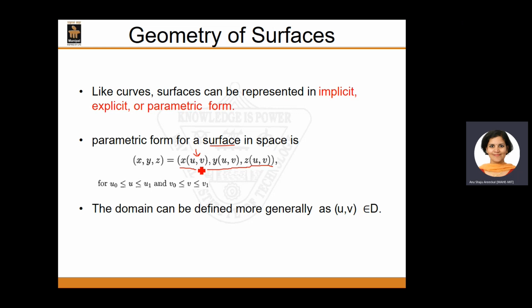If I vary u from u0 to u1 and v from v0 to v1, the point on the surface keeps changing, or the shape of the surface keeps changing. Depending on that, we are trying to model the shape of the surface by varying the parameters u and v.